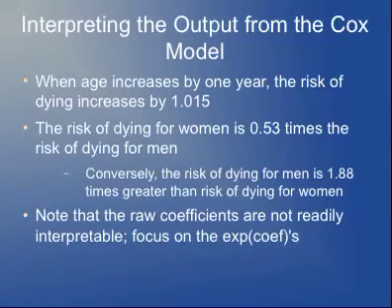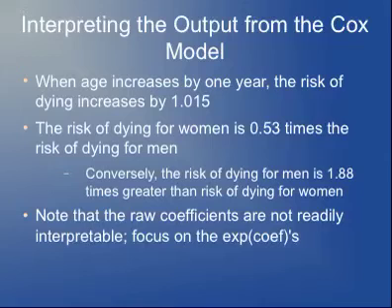And to interpret the output, I guess I basically described this before, when age increases by 1 year, the risk of dying increases by 1.015. And the risk of dying for women is about 0.53 times the risk of dying for men.